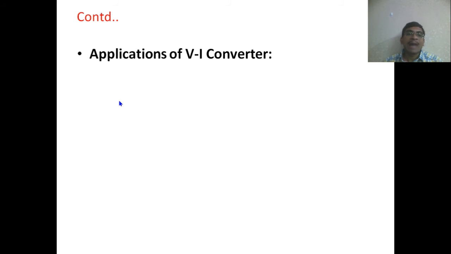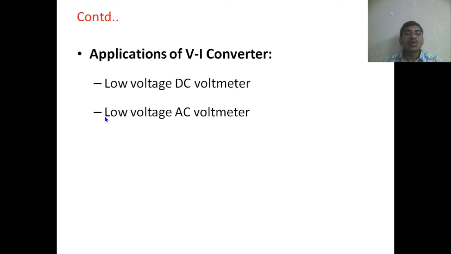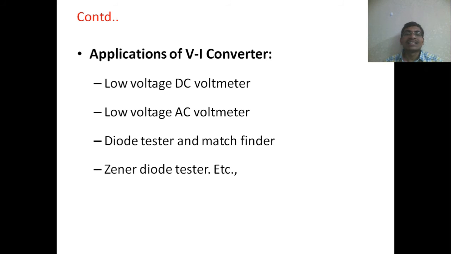The applications of the V to I converter are the low voltage DC voltmeter, low voltage AC voltmeter, diode tester, match finder, Zener diode tester, etc. These are all the different applications of the voltage to current converter.